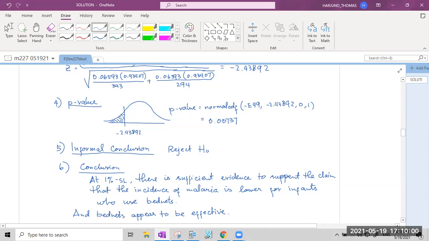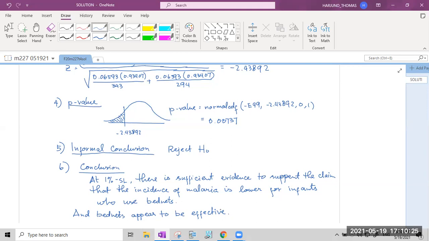But of course, from the statistics, we also see that bed nets, even though effective, doesn't mean nobody will get malaria once you use bed nets. No, it's not effective in that sense. The vaccine is not said to be effective because nobody will get COVID after that.